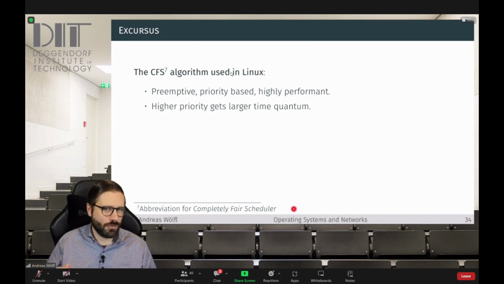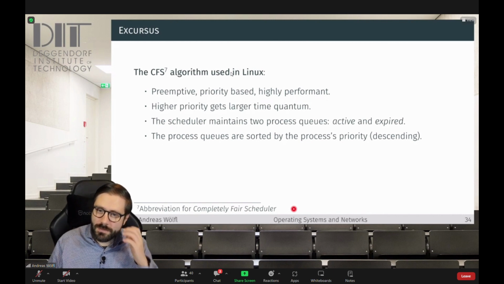That means we shift the trade-off between completion times and fairness towards performance. So we increase the time quantum in order to get these processes out of the system faster.